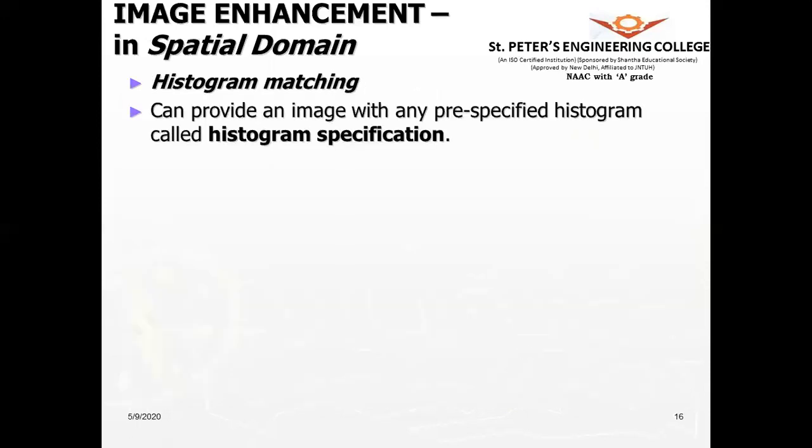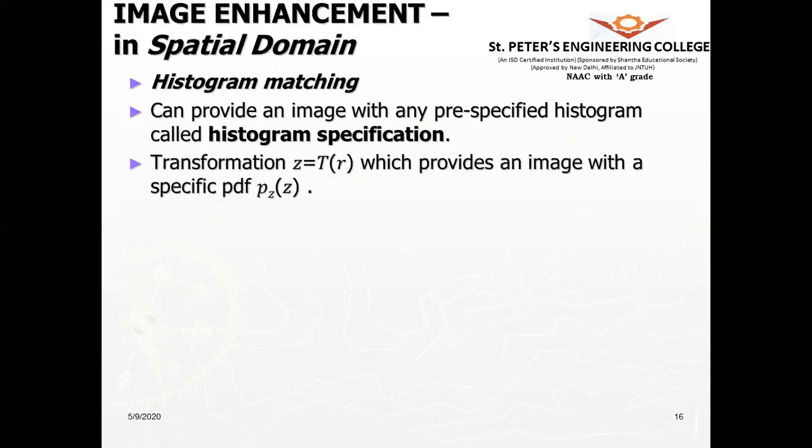We can overcome this by having a predefined or pre-specified histogram. This type of histogram processing is called histogram matching. In histogram matching, we should have some specification of what histogram we actually want, and we try to map to that.